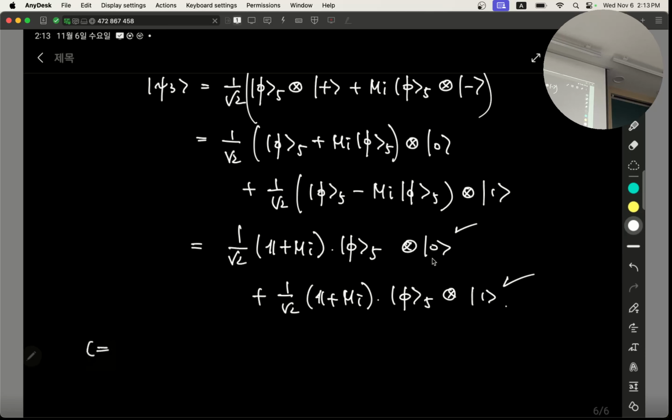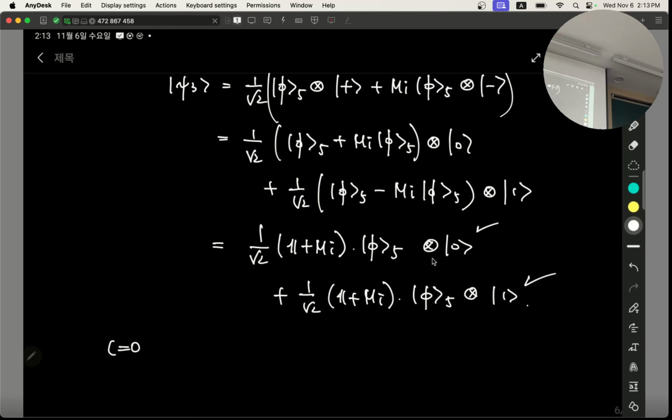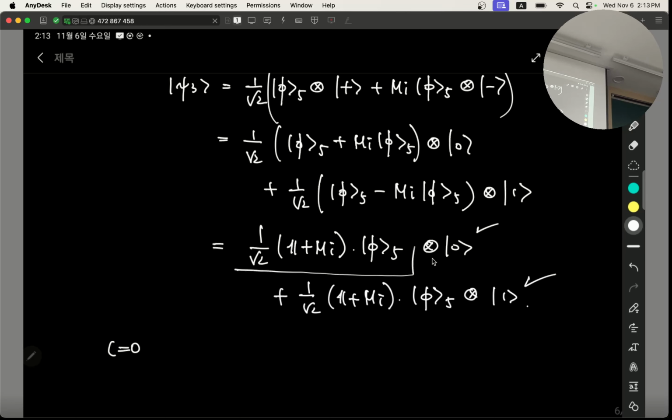So what happens when C turns out to be 0? Okay, let's go backward.